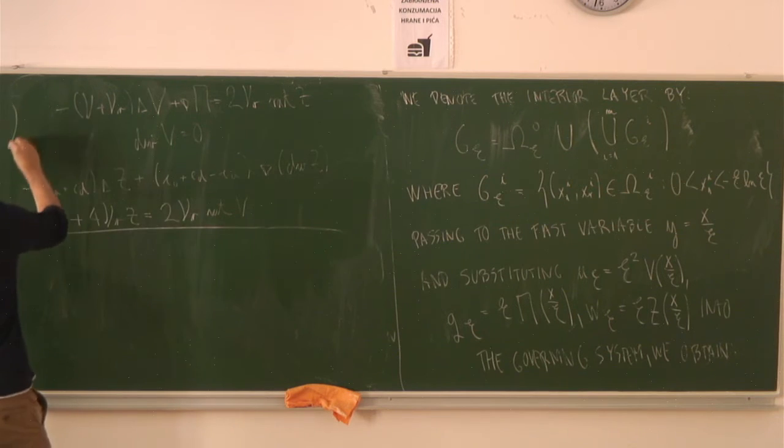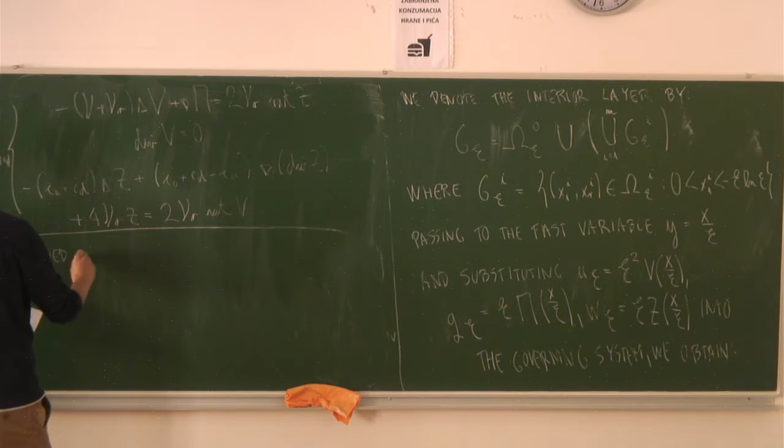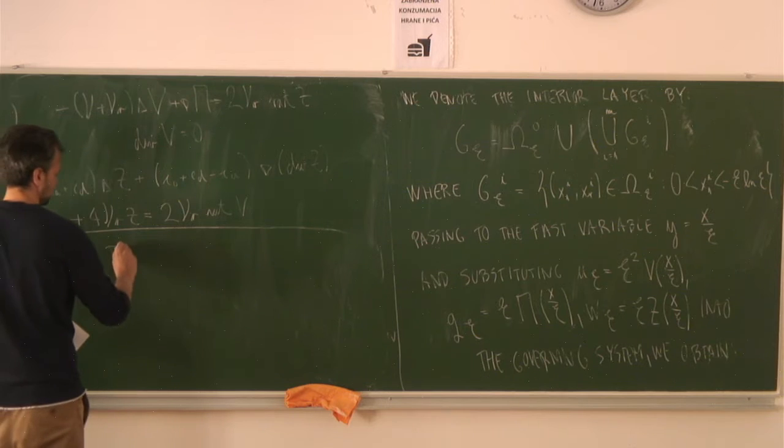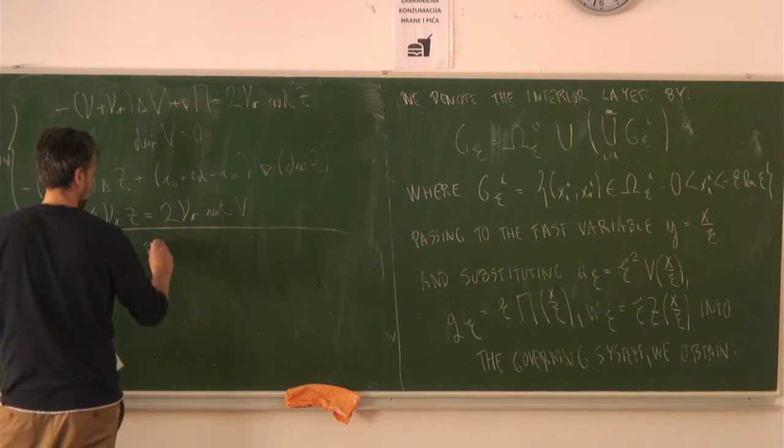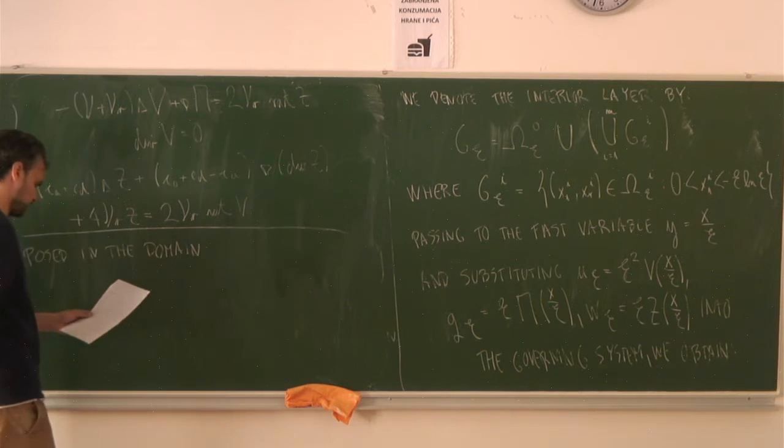Okay, so you can denote this by 14. The system for the Poiseuille solution, I didn't write it down, is denoted by 13. So if I reference it, that means that. So this is posed in the domain.